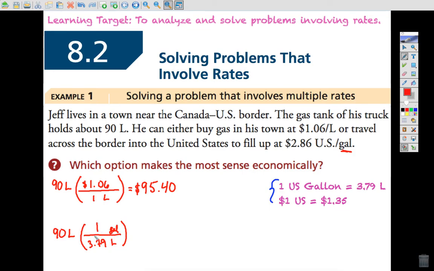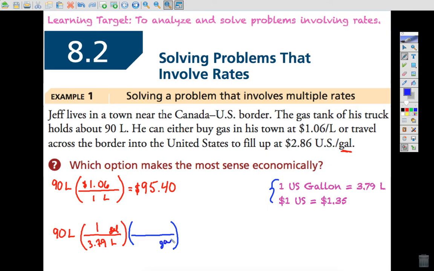Now we could stop there, but I think I'm going to dig a little bit deeper. I think you guys can remember your Math 10 even better. If we stopped here right now, we would get rid of our liters. Those units will go away, and we'd be left with gallons. So currently this number, 90 times 1 divided by 3.79, represents the number of gallons I have. So what if I wanted to get rid of gallons and go to US dollars? Well, I can set up another conversion factor.